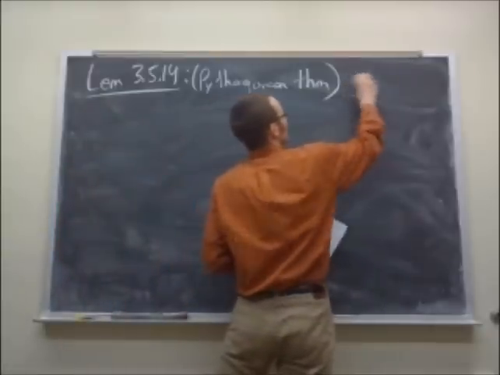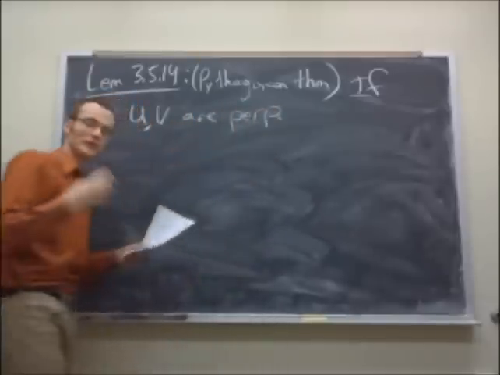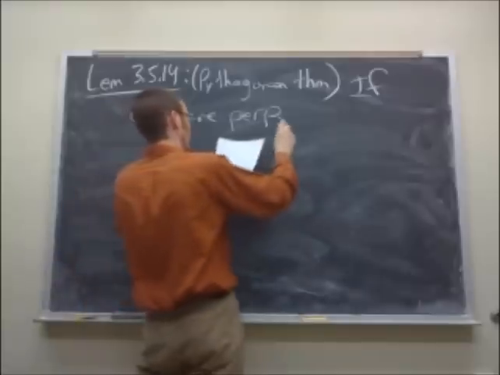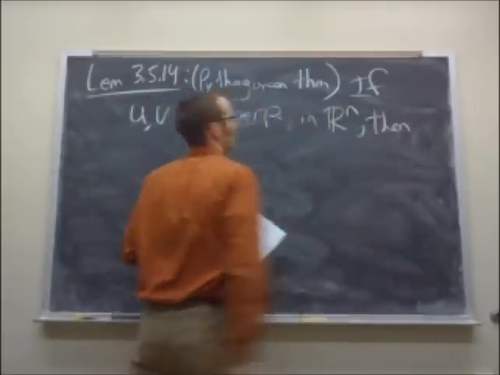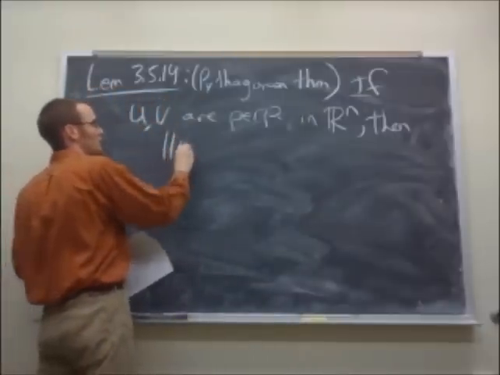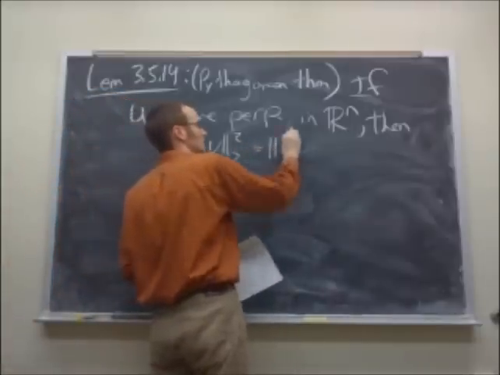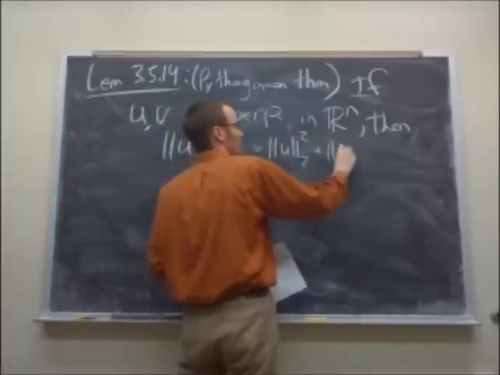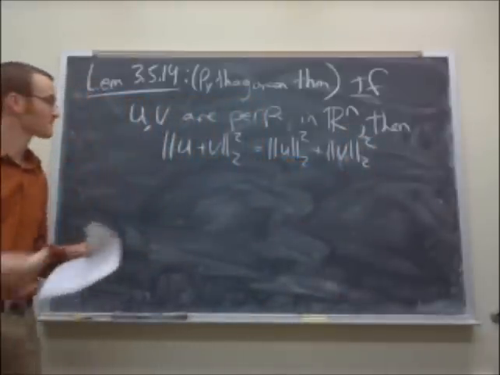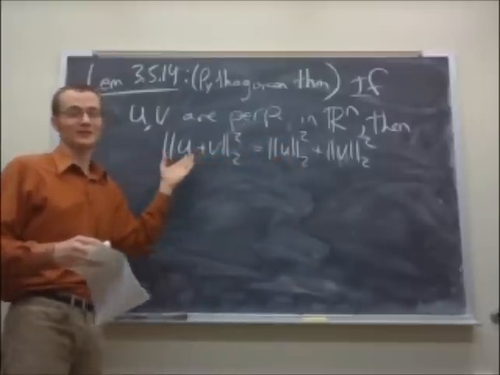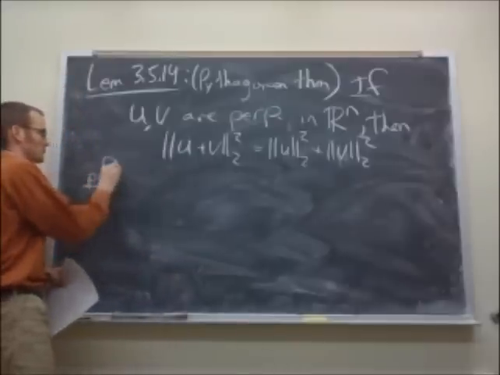So, if U and V are orthogonal, if they're perpendicular, in say Rn, then we have the 2 norm of U plus V squared is equal to the 2 norm of V squared plus the 2 norm of U squared, i.e. a squared plus b squared equals c squared. Pretty straightforward. So the proof here is really easy, so I'll just prove it.